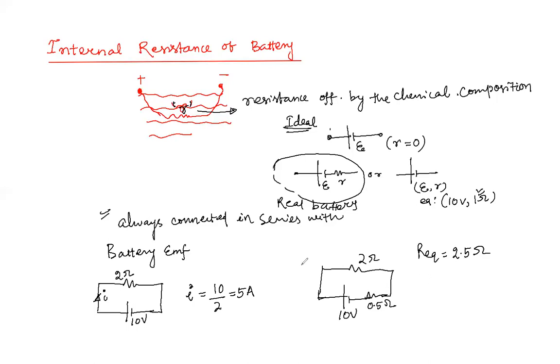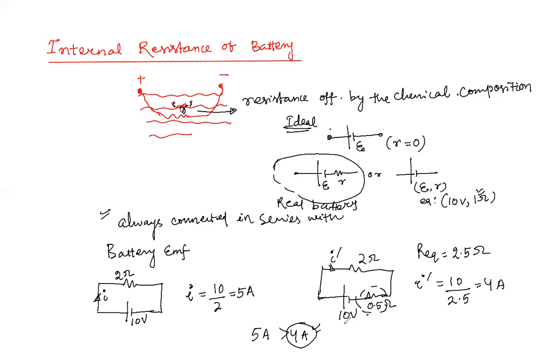The current in the circuit, now I dash, is equal to 10 by 2.5, that is equal to 4 ampere. So we can clearly see that 5 ampere is greater than 4 ampere. So there is a reduction in the current, and why is it coming down? Because of the presence of internal resistance. So internal resistance reduces the efficiency of the battery, right?